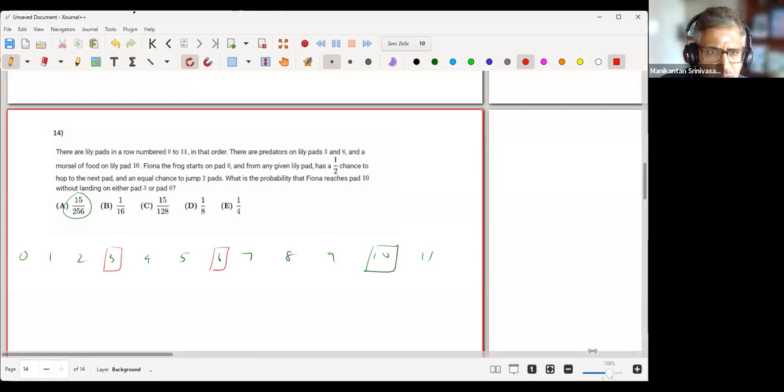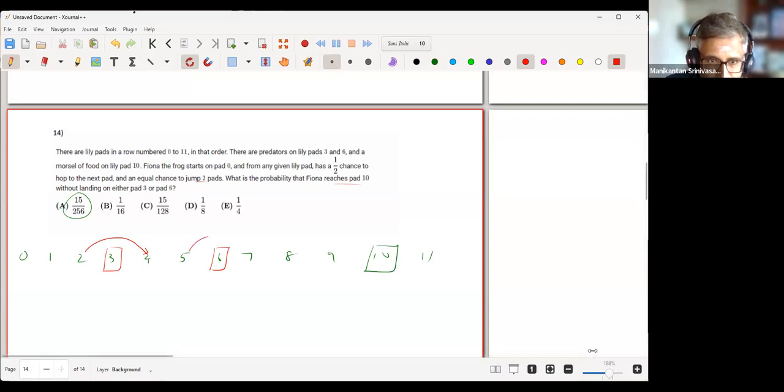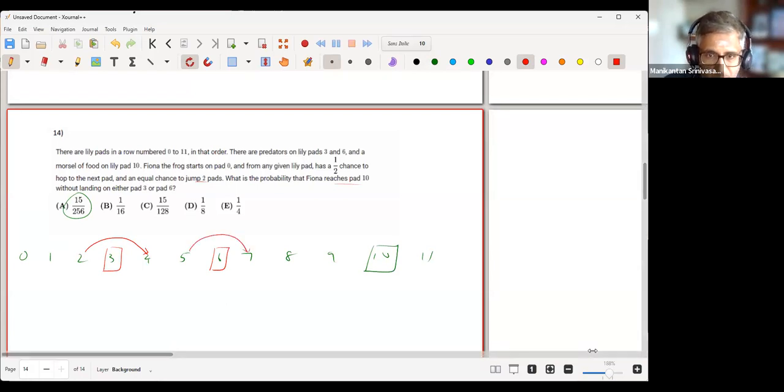You can jump either 1 or 2, right? So for him to skip 3, he must have taken a jump from 2 to 4. That's the only possibility. And similarly for him to skip 6, the only possibility is he must have come from 5 to 7.